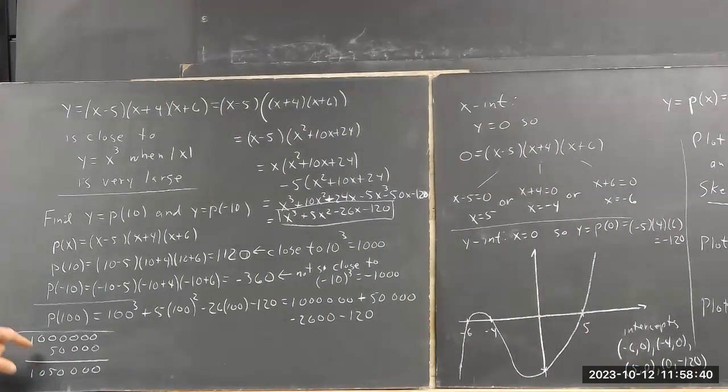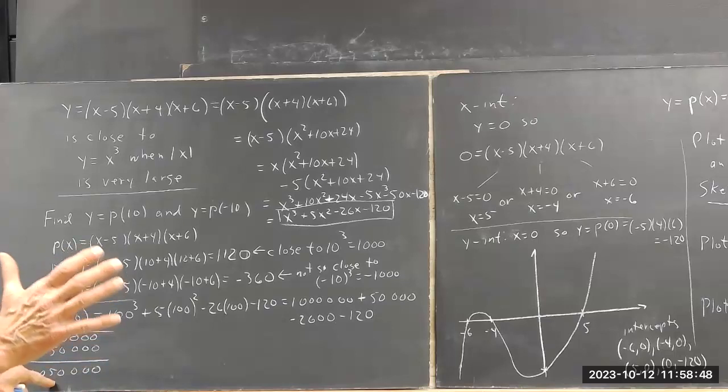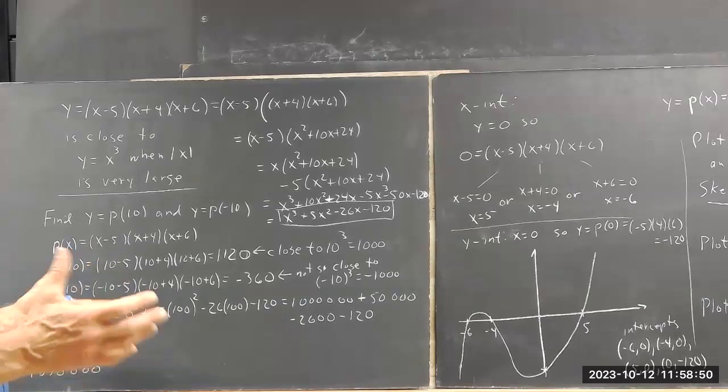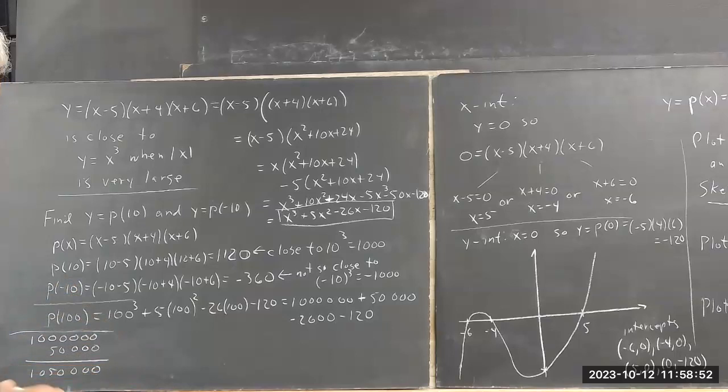That means we divide this number by $1 million, and we get 1.05, telling us that that's 5% more. Okay, 5% isn't that much. In some cases it could be, but compared to $1 million, this isn't much different.